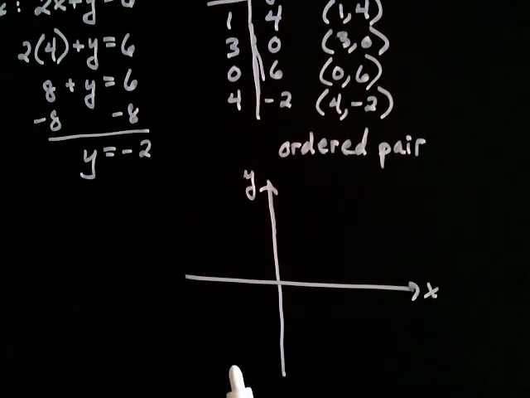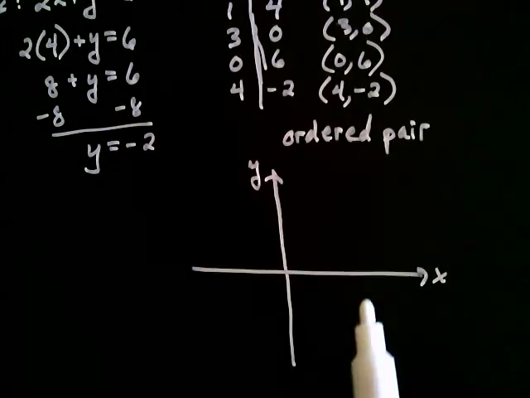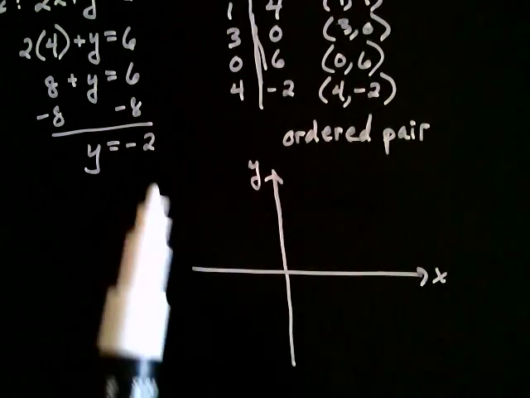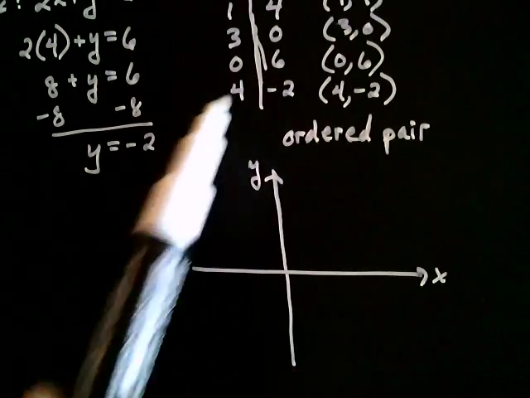What I want to do now is scale each of the axes. Because I see a 6 here, I'm going to go to 6 in all directions.